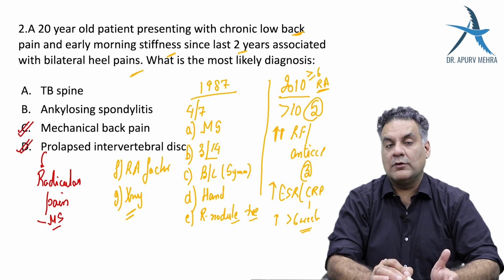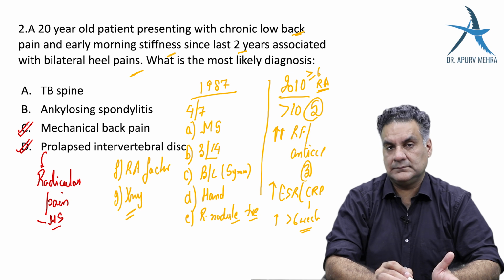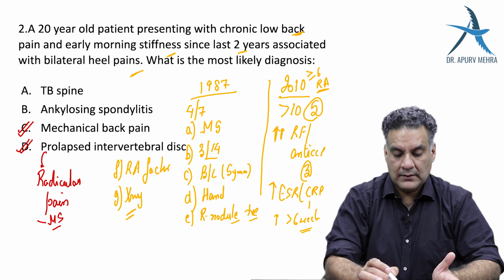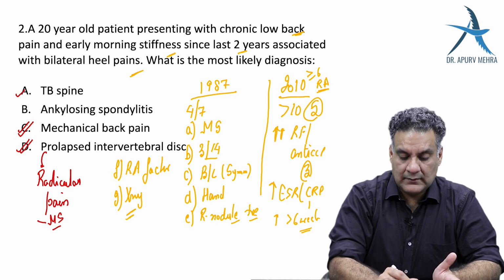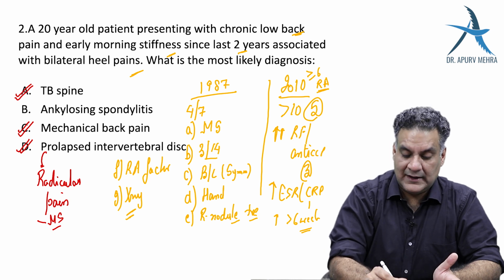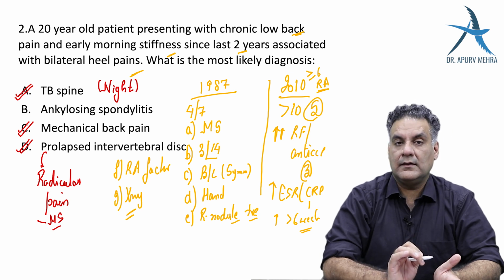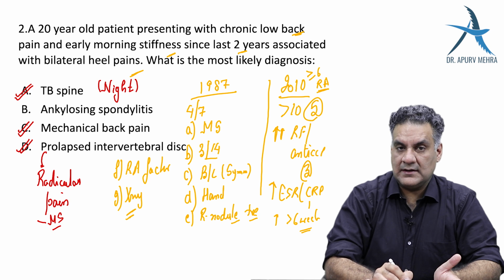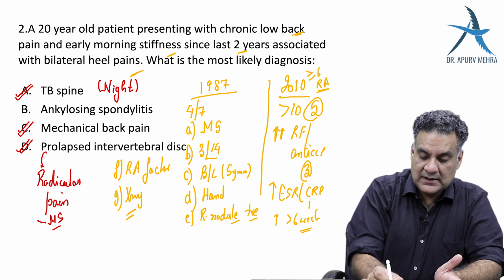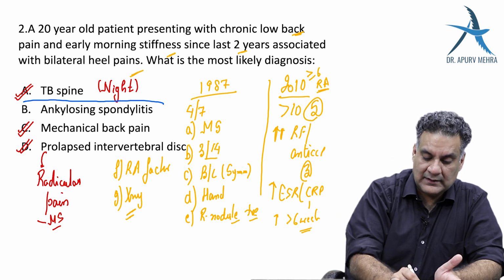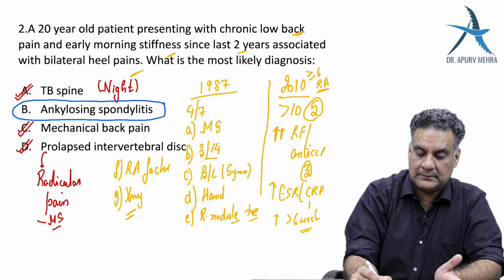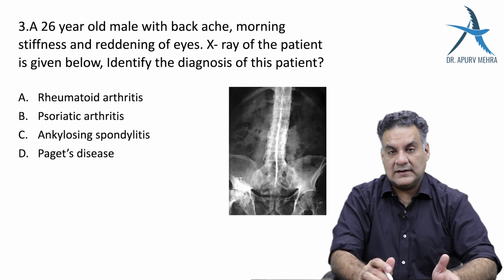Mechanical back pains are more after heavy work. TB spine, rather than morning stiffness, will have night pain, night cries. So if you look at the options here, ankylosing spondylitis is a classical answer. And look in the same paper.